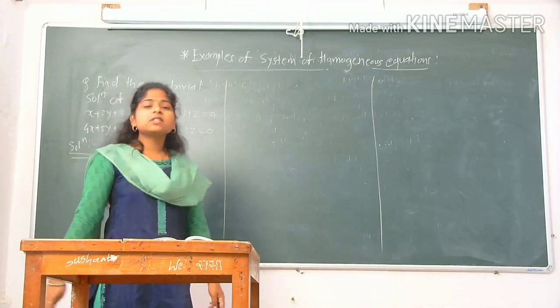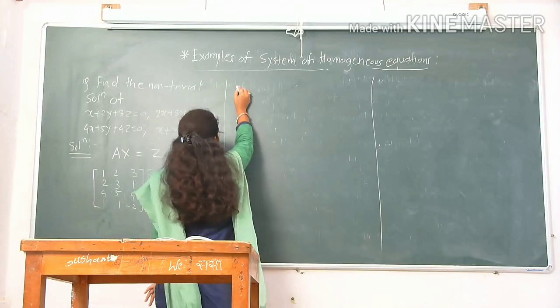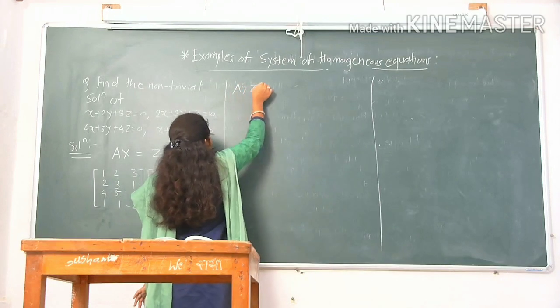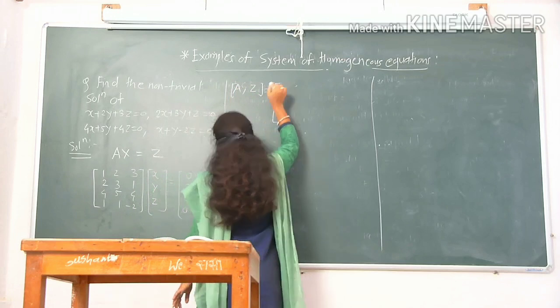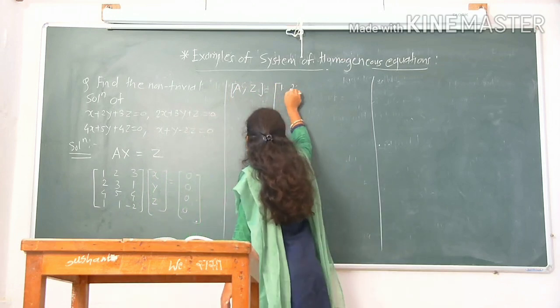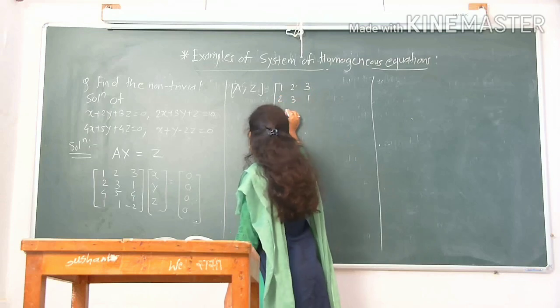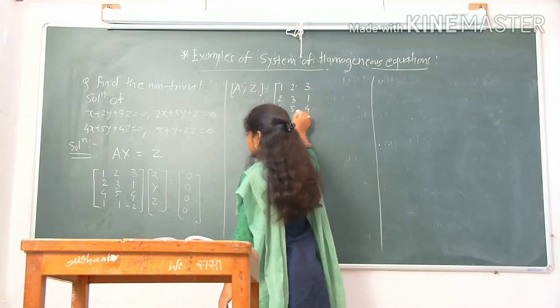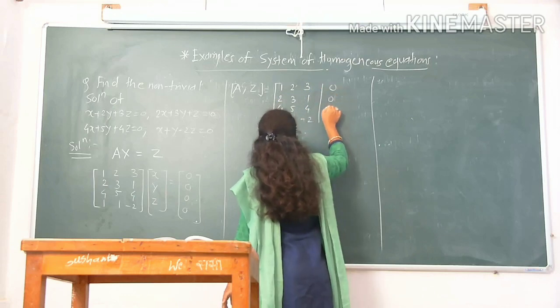So our first step is to write the augmented matrix AZ. So we write first augmented matrix AZ: 1, 2, 3, 2, 3, 1, 4, 5, 4, 1, 1, minus 2. And here the column matrix is 0.